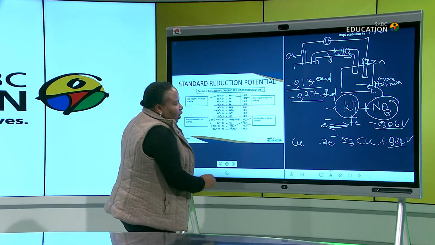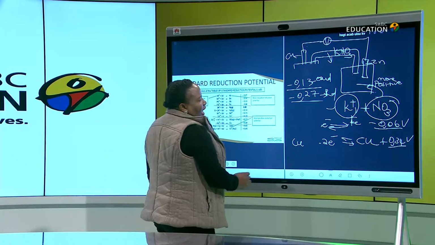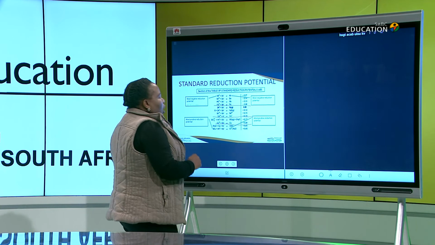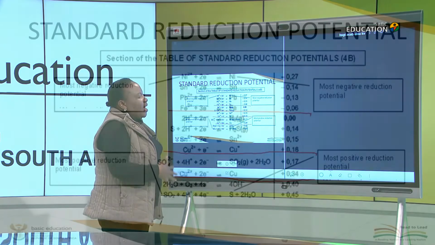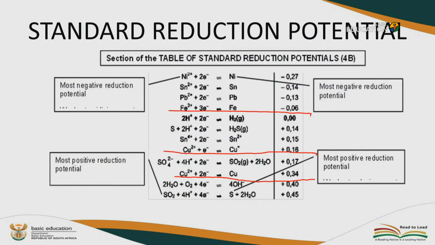Now, when you look at the example that I just gave of copper and iron, you can see that iron and copper are losing in a different way. We have identified that iron will undergo oxidation. So it means it's going to be Fe, which is a solid, going to Fe3+ plus 3 electrons.